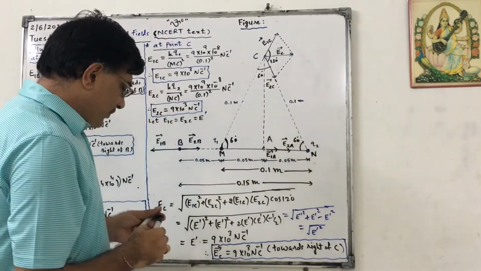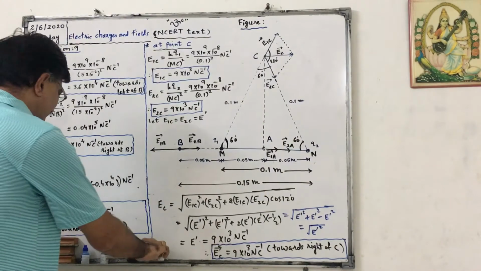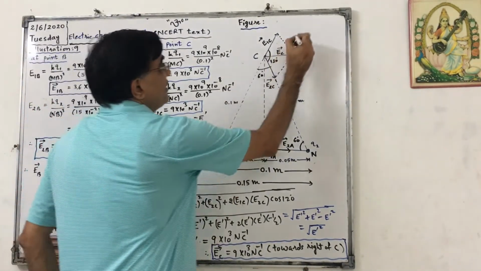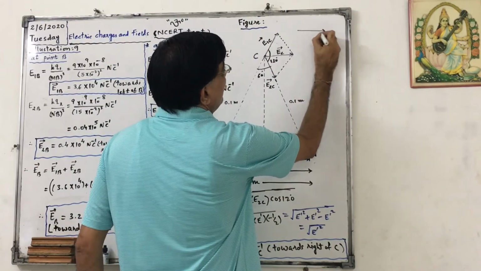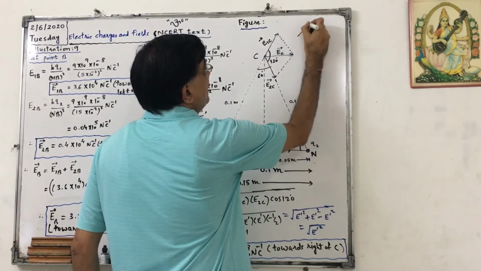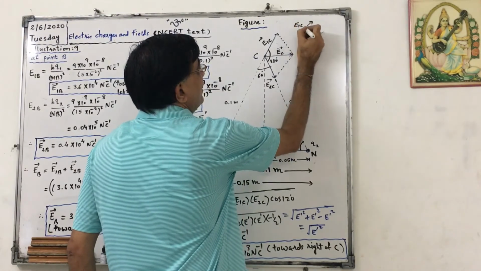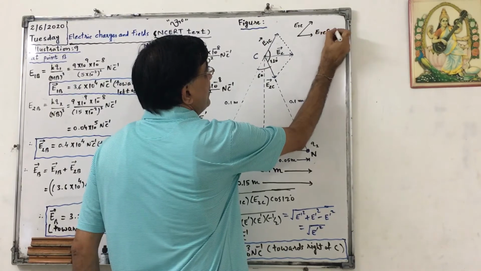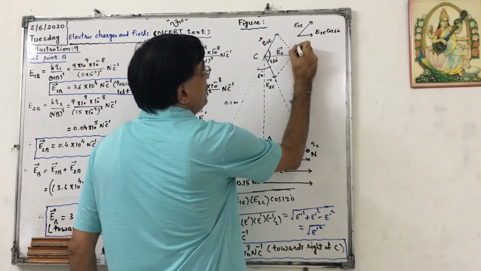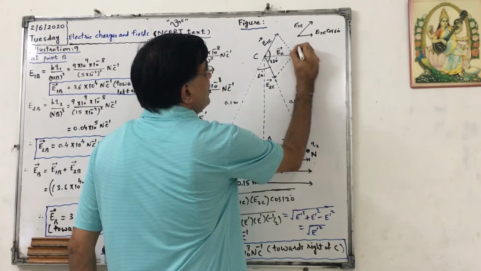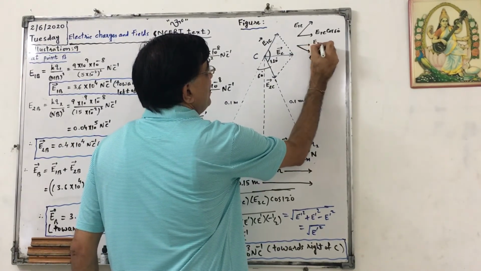Now in your textbook they have calculated this in another way. See this EC. See E1C, its X component is E1C cos 60, and E2C, its X component is E2C cos 60.